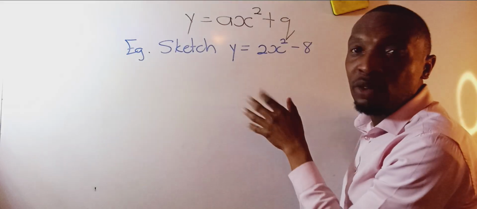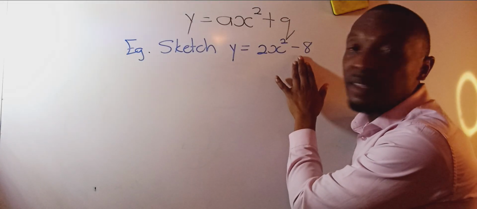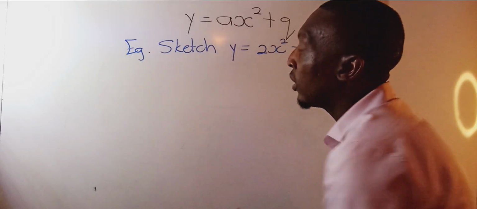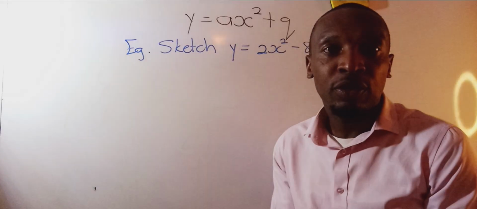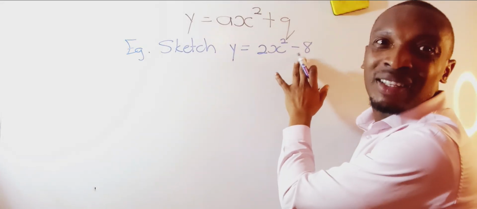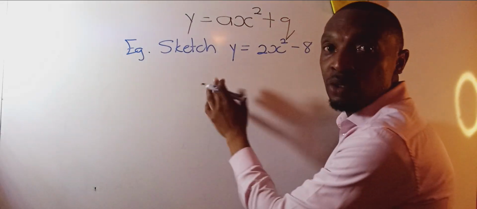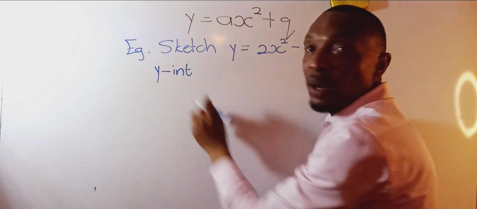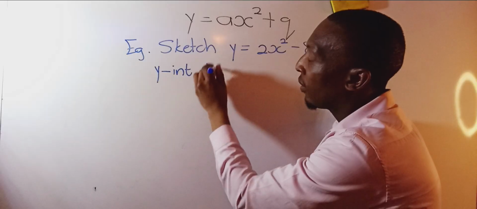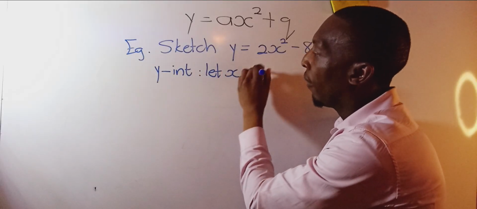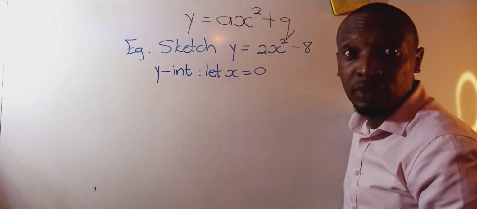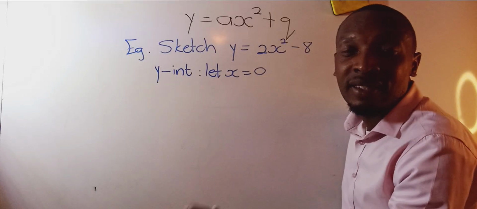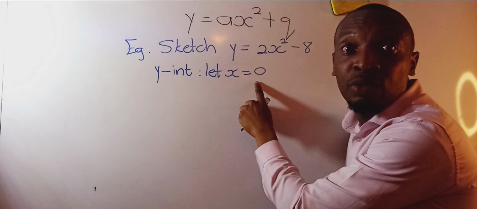But let's say, for example, you forget that this is the y-intercept, okay? And then you decide to work it out. Okay, so let's do it. Let's find the y-intercept first, and then you'll see that there's actually no need to work it out. All right, so remember we said, in order to find the y-intercept, we always let x be equal to 0, okay? And you know why? Because every point on the y-axis has an x-coordinate of 0.